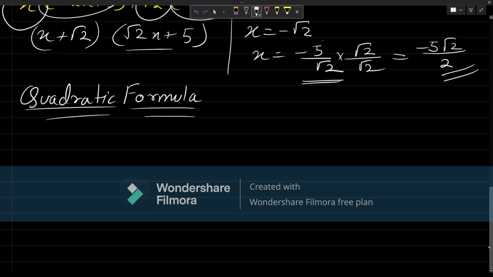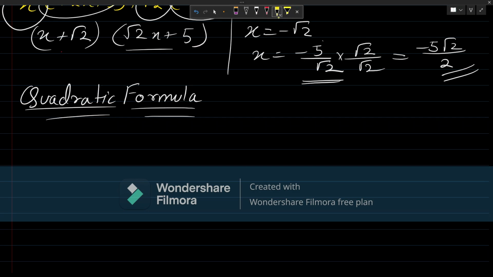But in the question, they might specify to solve it with the quadratic formula, and sometimes you need it because it simplifies the steps. Suppose you have a pretty tough calculation and you can't find it with factorization, so you can use the quadratic formula. So what is the quadratic formula?